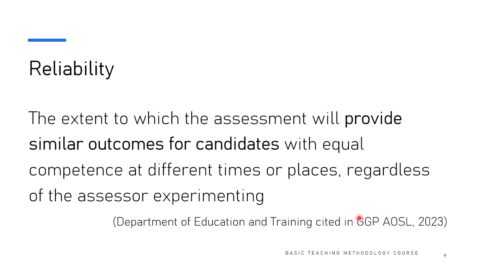This is taken from the Guidelines of Good Practices: Assessment of Student Learning, MQA. In short, a reliable assessment is an assessment that consistently provides the same kind of result, assuming that the candidates or the students have similar or equal competence.